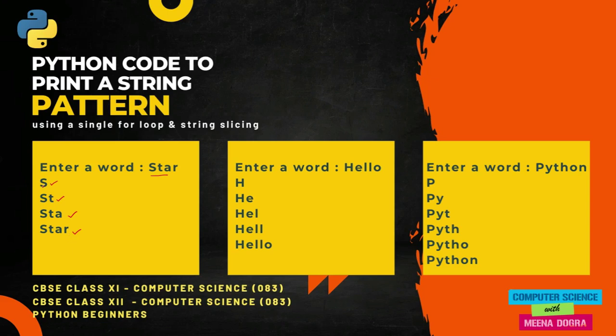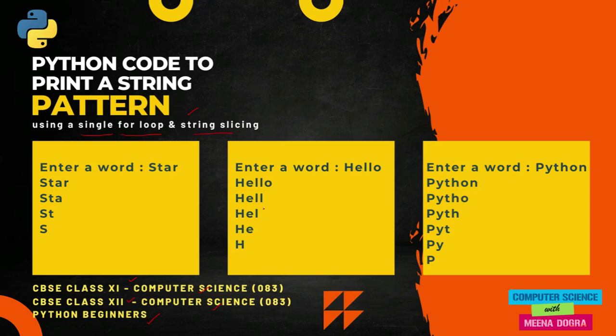So we started the pattern with the first letter, and in each line the characters got printed in increasing order, and for a 4 length string we got an output of 4 lines in this manner. And similarly here for hello and for Python. This is how we did it last time.